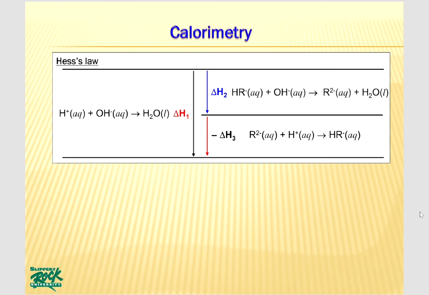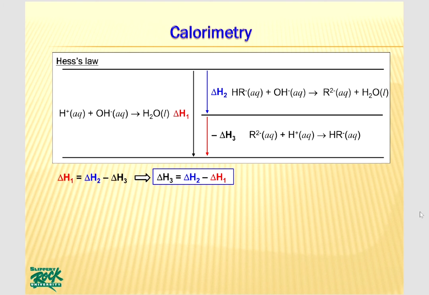Therefore, the heat for the overall reaction, delta H1, is simply delta H2 minus delta H3. This equation can be written with respect to delta H3. That is, delta H3 equals delta H2 minus delta H1.